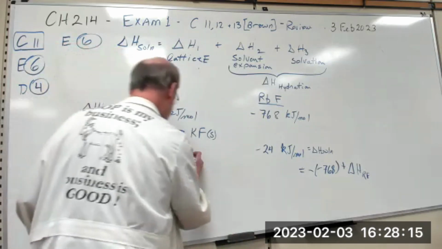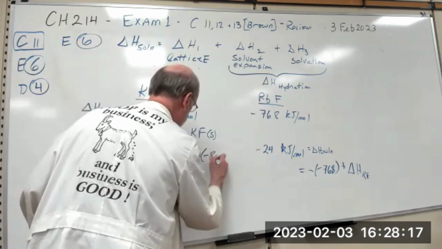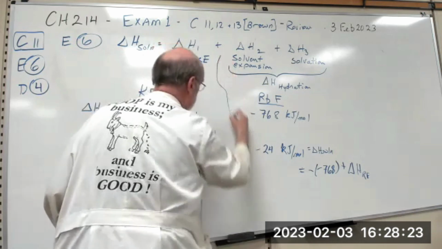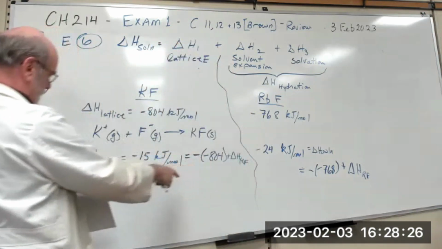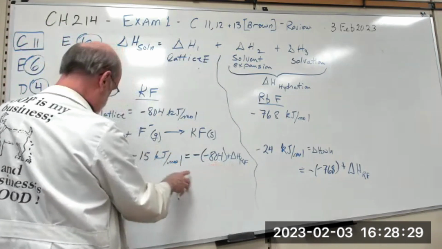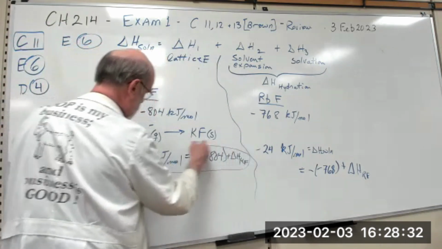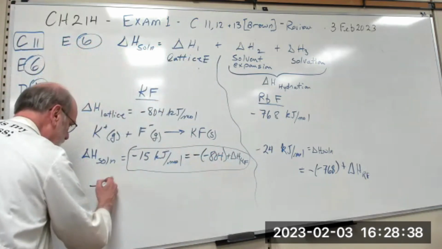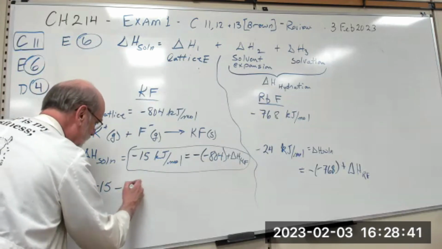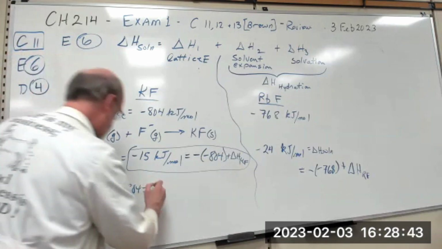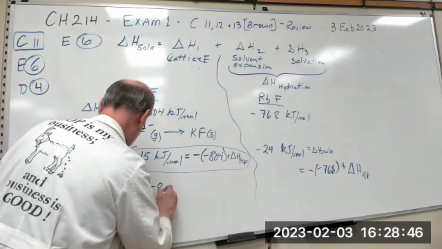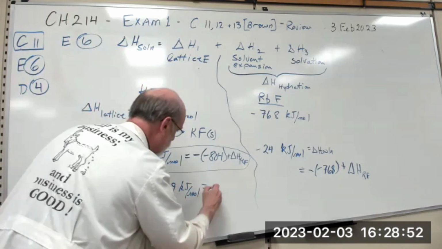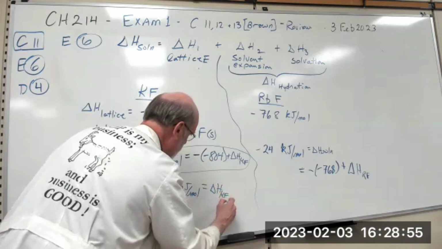Minus 15 equals minus, minus 804 plus delta H for the KF. Then I'm going to leave this one on that side of the equation, and we'll put this one, which is positive here, but now it becomes negative on this side. Minus 15 minus 804 equals a negative 819 kilojoules per mole, which is equal to the delta H for the KF hydration.